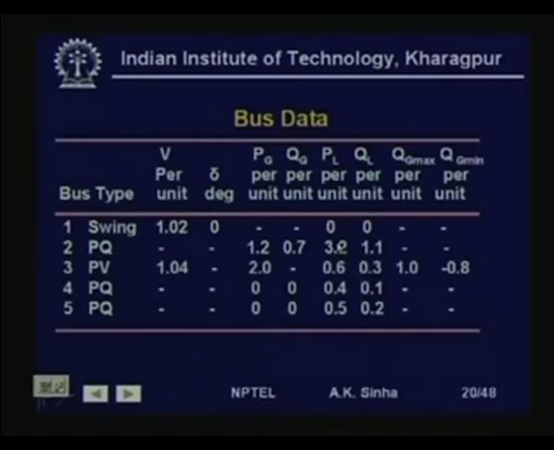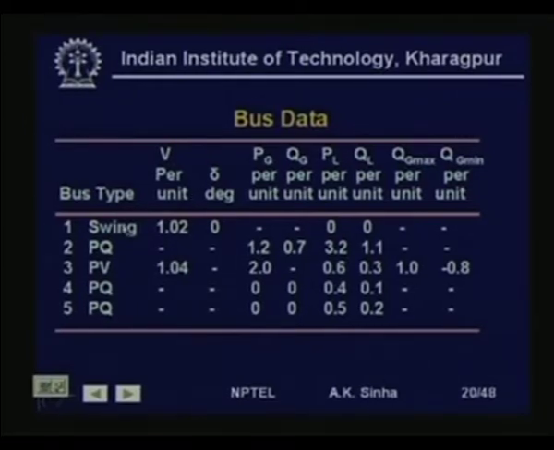The data which will be supplied for this system will be of this type: we have the bus numbers, and the type of the bus bar will also be given, that is which bus is considered as a swing bus, at which buses the voltages are maintained, and at which buses both P and Q are available. So, for this 5 bus example, bus 1 is a swing bus, bus 2 is a PQ bus, bus 3 is a PV bus, and buses 4 and 5 are also PQ buses.